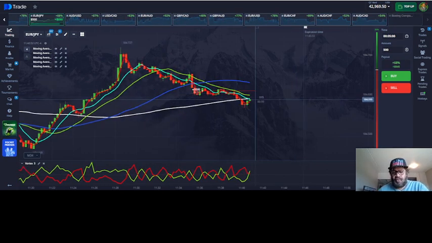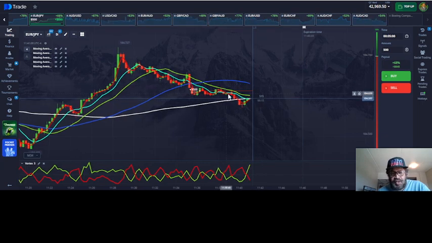Okay, so we've got a few seconds left in this Euro JPY short, the 5 minute short that I just took based on the Quant Engine signal. So let's wait for the expiration.